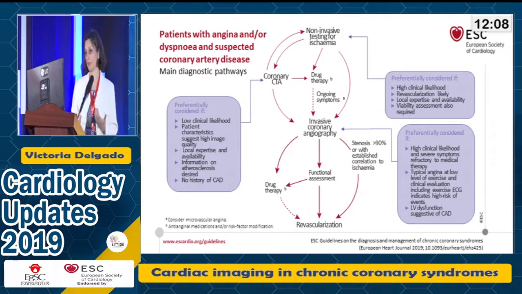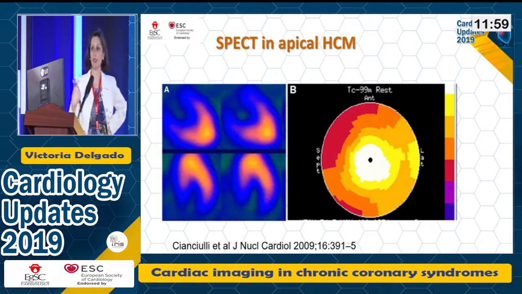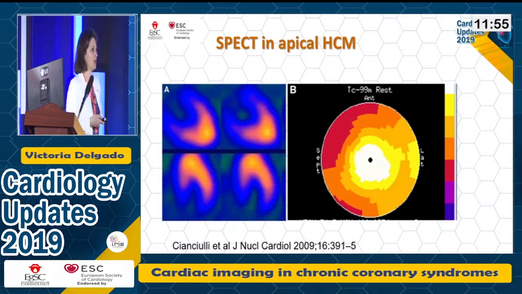And in this case, the patient had a low clinical likelihood, so actually what we did is to perform a CT coronary angiography. For the ones that initially asked for a SPECT and remain using SPECT in these patients, you have to be aware that patients that have a hypertrophic cardiomyopathy, apical hypertrophic cardiomyopathy, may show abnormalities on SPECT.